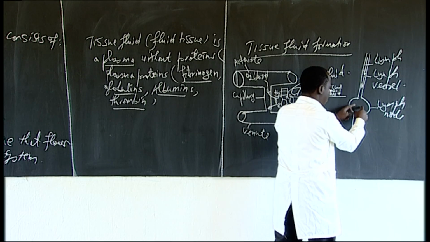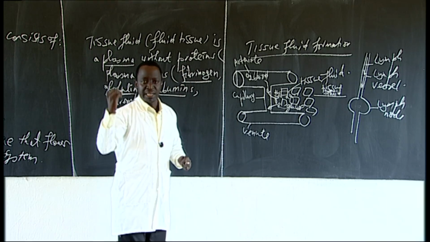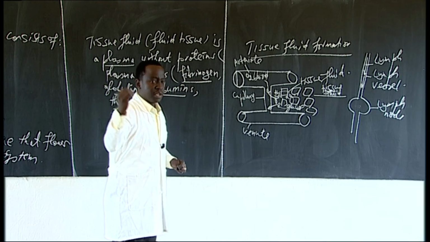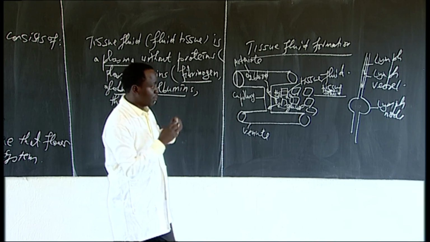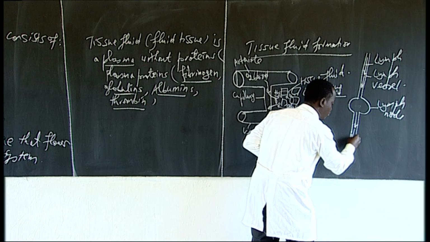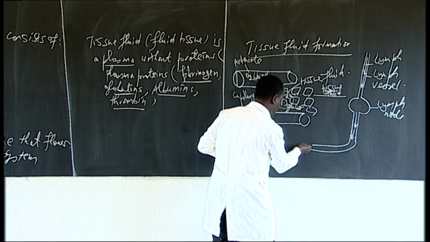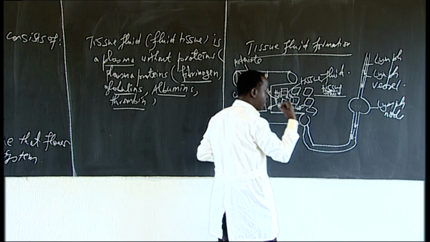And then lymph nodes, as we have said, filtrate. It filtrates what? Bacteria are going to be removed, and the other harmful materials are going to remain; they are going to die. Then the good ones, like oxygen, nutrients, and so on, have to turn back into the what? Into the blood circulatory system.